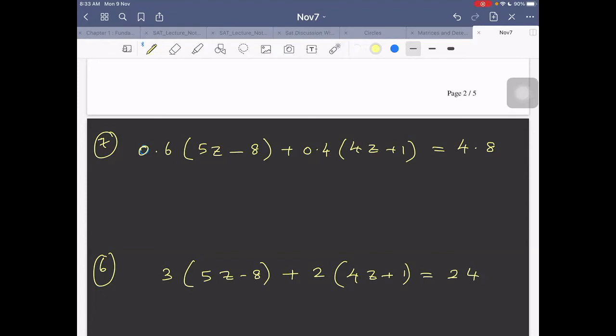Now, why did I say that these two questions are the same? It's simple. Listen carefully. This 0.6, I'm going to write it as 6 by 10. And the 0.4 is going to be 4 divided by 10. And this 4.8 is 48 divided by 10.